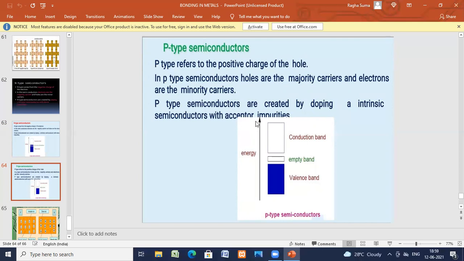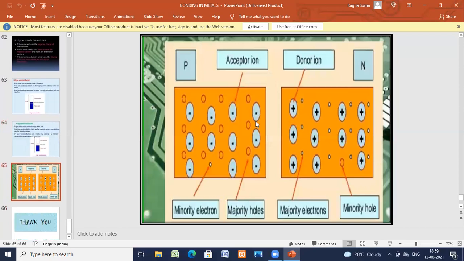So even at relatively low temperatures, these acceptor atoms get ionized, taking electrons from the valence band, and they give rise to holes in the valence band for conduction.